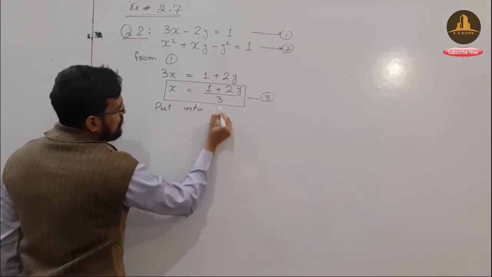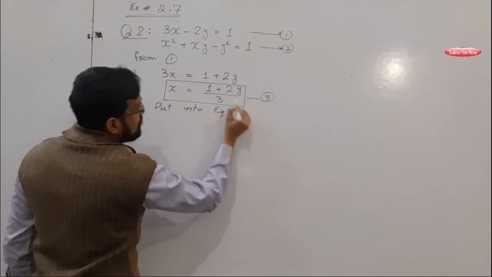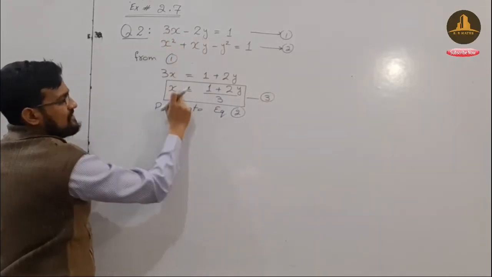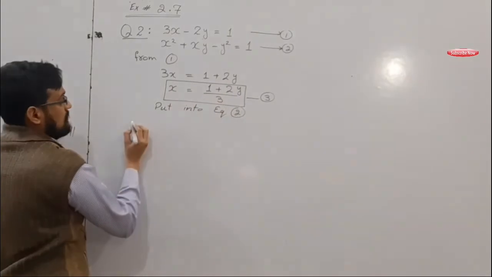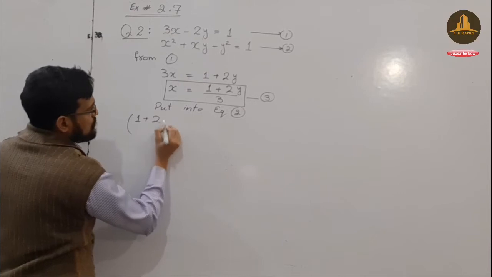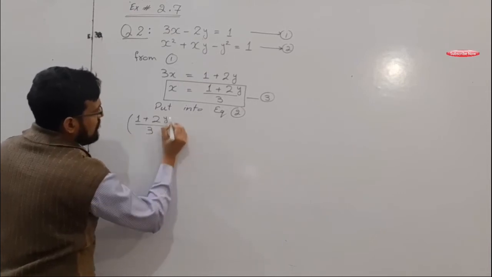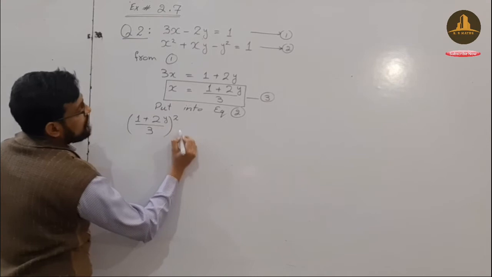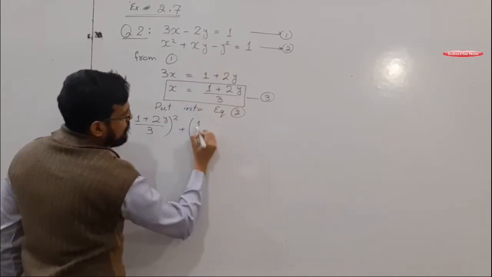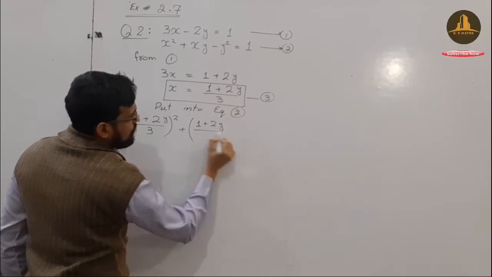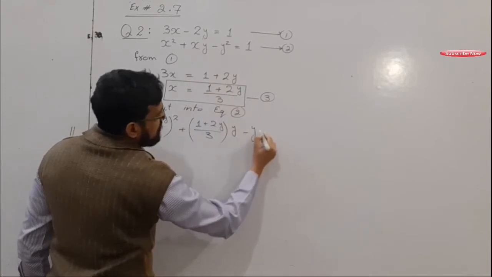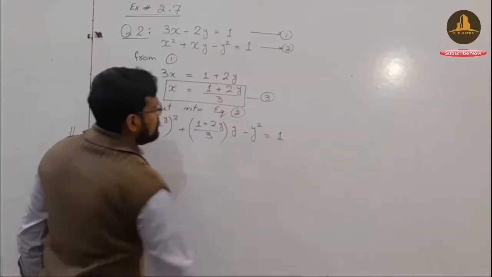Put into equation 2. The second equation is x square plus xy minus y square is equal to 1. Replace x with the value 1 plus 2y over 3, whole square, plus xy, where x means 1 plus 2y over 3, y as it is, minus y square is equal to 1.